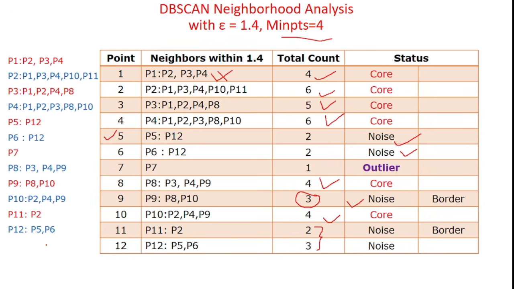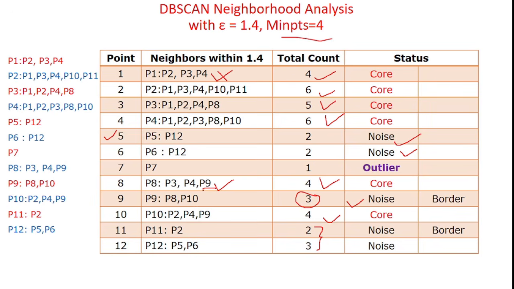Now consider P9. Check whether P9 is in any core clusters. It is not there in the first cluster, nor in the second, third and fourth. But luckily this P9 is present in cluster number 8.